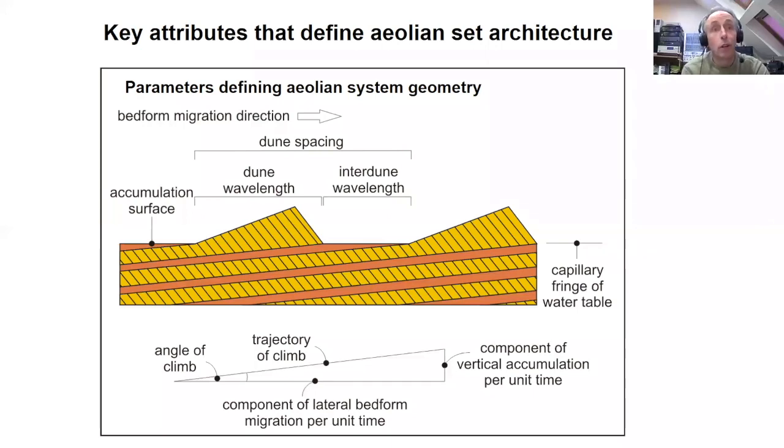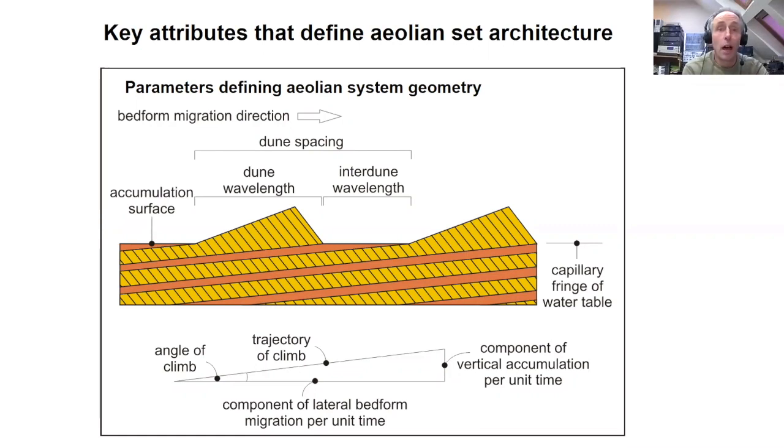So there, we've got a mechanism for accumulating Aeolian strata and also accumulating the intervening interdune strata. And to some extent, it will be the interdune strata, shown here in the darker coloured oranges, that will give us clues as to the nature of the sediment substrate at the time of accumulation.